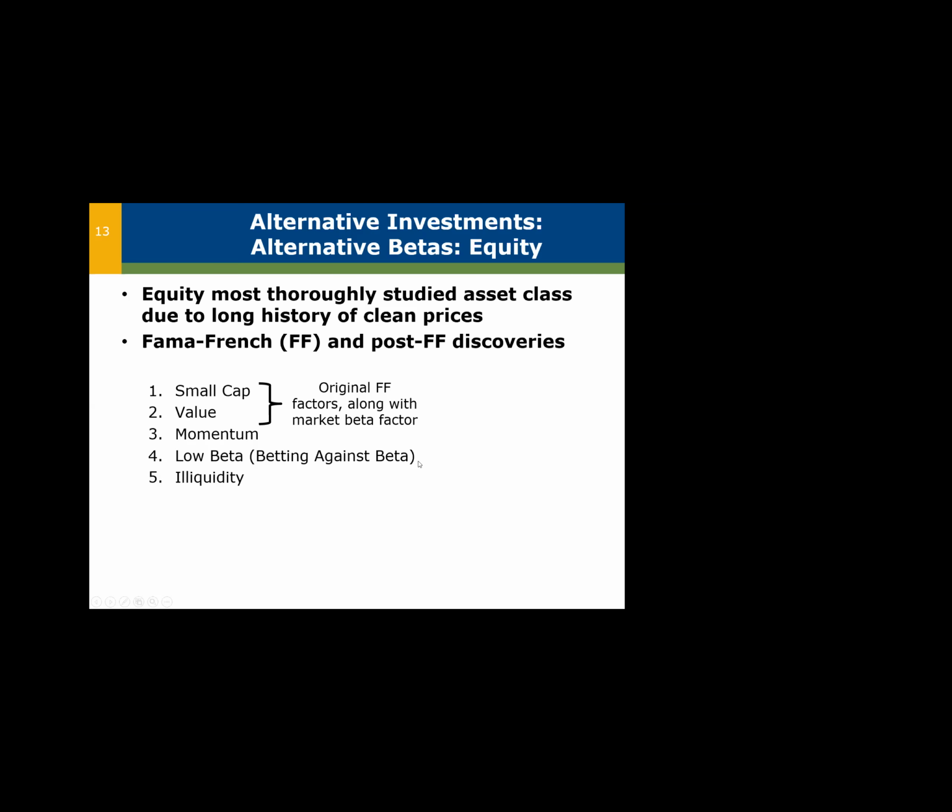And then there's low beta stocks. During the case, we did an exercise of calculating the beta of various asset classes, but you can do that for individual stocks. So typically utilities would be low beta stocks, and say tech would be high beta stocks. The rationale behind this is that some investors are constrained and not able to leverage their portfolio.